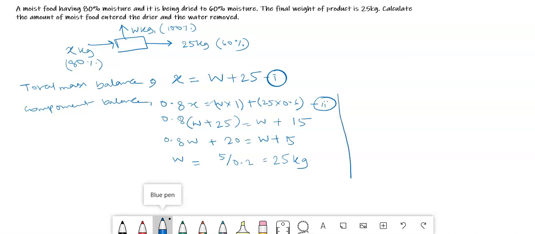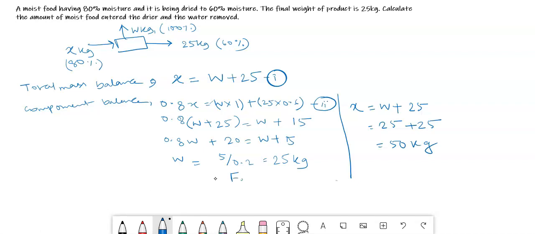And now we need to find out the total amount of food that entered the dryer, that is the feed. From equation number 1, we can get this easily. X is equal to W plus 25. W's value we know, that is 25, and the final product is also 25, so it is 50 kg.